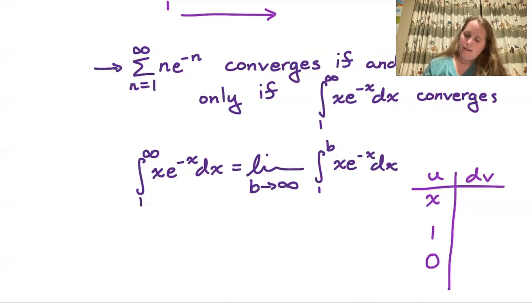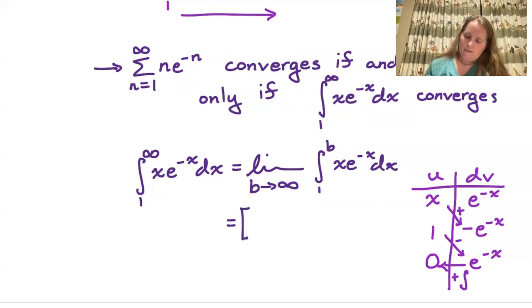And then take e to the negative x dx as our dv, that would go to a negative e to the negative x, and then a positive e to the negative x. We add on the first diagonal, subtract the product of the second, and add the integral of the bottom row. We are looking at negative x e to the negative x minus e to the negative x.